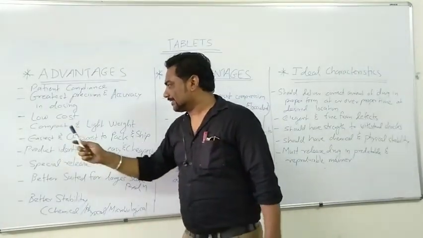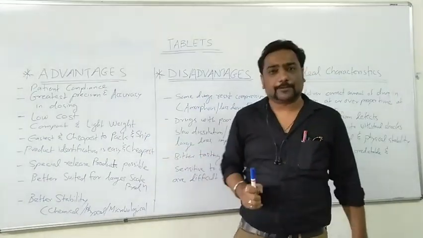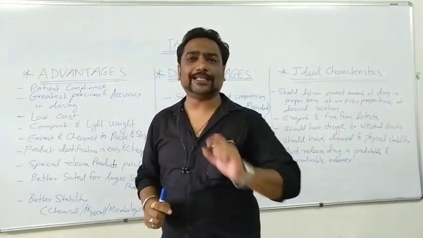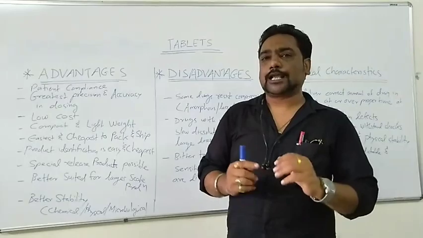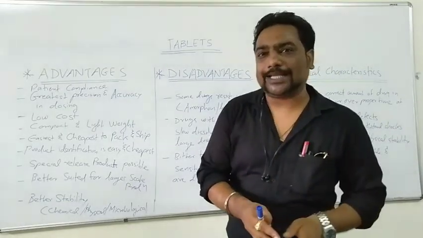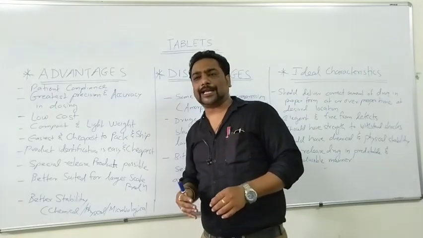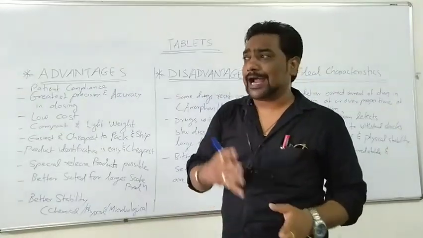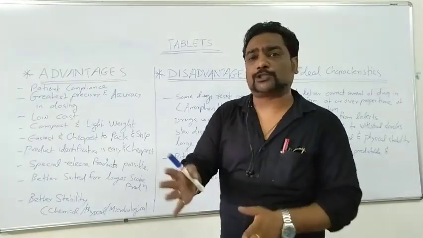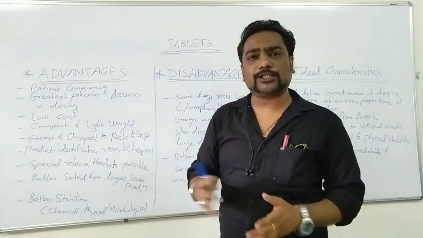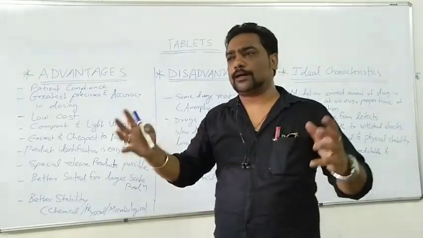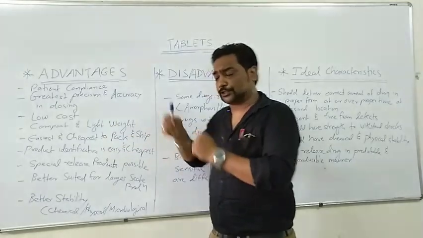It is easiest and cheapest to pack and ship. As tablets consume comparatively less space, it is very easy to pack them into strips or blisters and then transport them from one place to another. So shipping and packing is very easy in tablets.